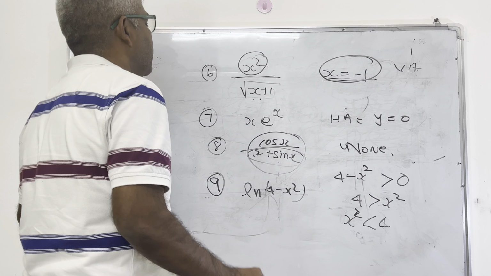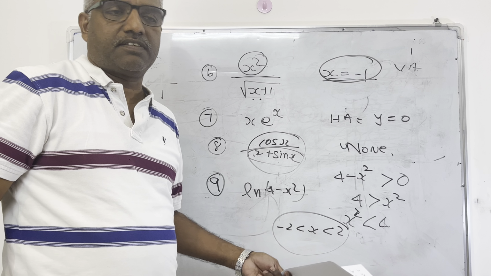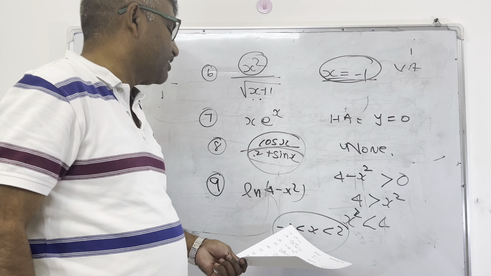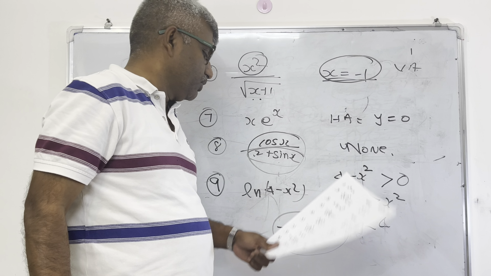When x squared is less than 4, the x value is in between minus 2 to 2. So the vertical asymptotes are x is equal to minus 2, x is equal to 2. Note it down.